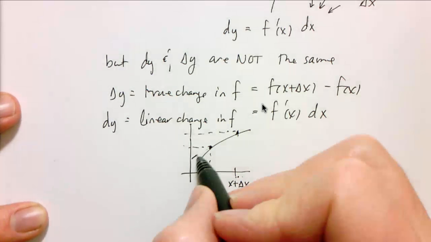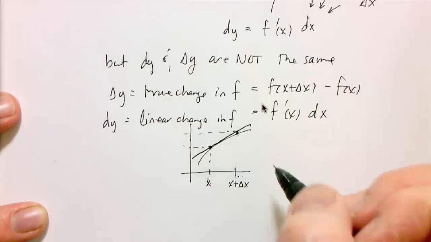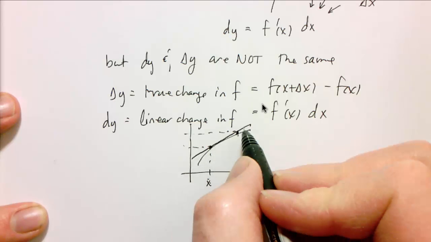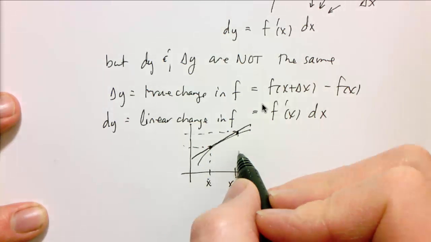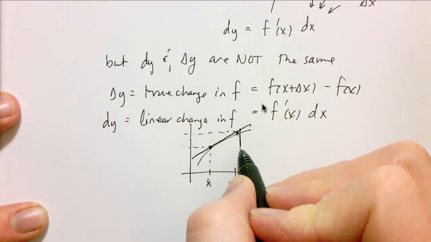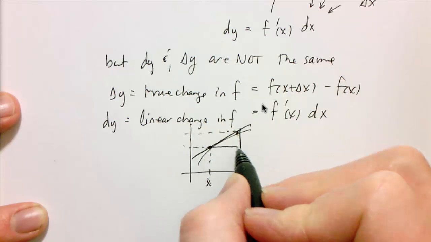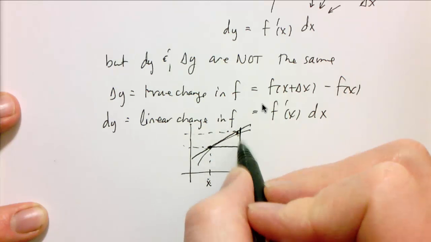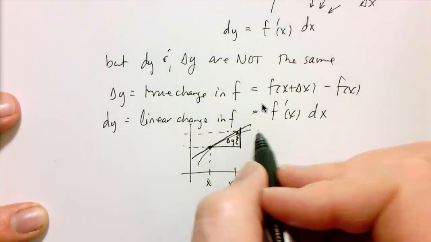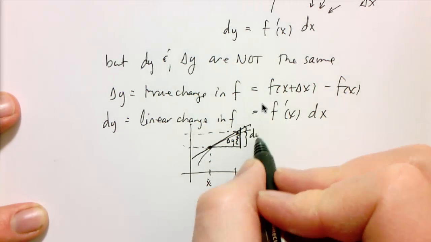Dy, right, is how much the function, the tangent, increases as we move from x to x plus delta x. It's almost the same. So this little bit here, that's delta y. The larger triangle, that's dy.